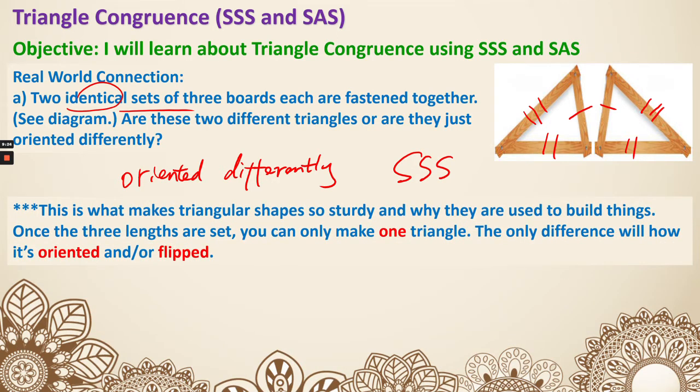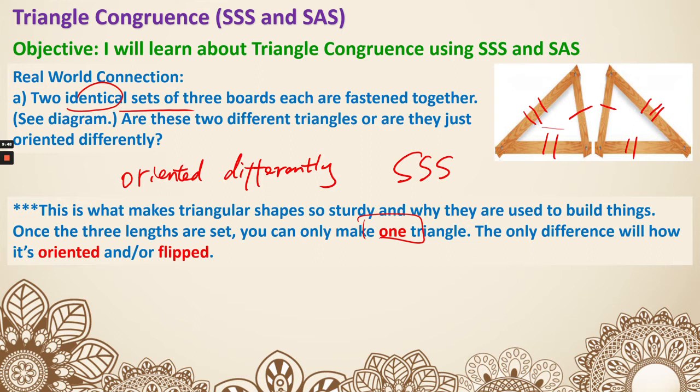This is what makes triangular shapes so sturdy and why they are used to build things. I'm assuming many of your houses have a triangular roof instead of a flat one. And this is the reason. Once the 3 side lengths are set, you can only make 1 triangle. Well, we can make 2 triangles, but they're exactly the same triangle. So that's why it's still 1 triangle.